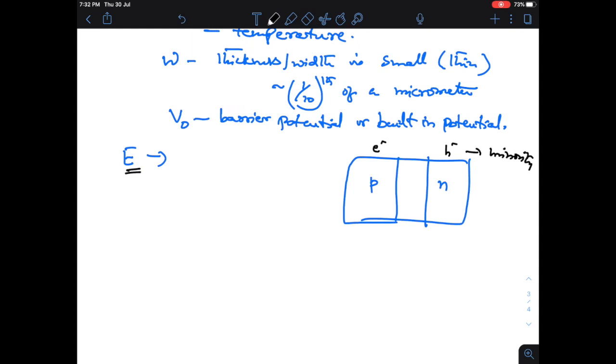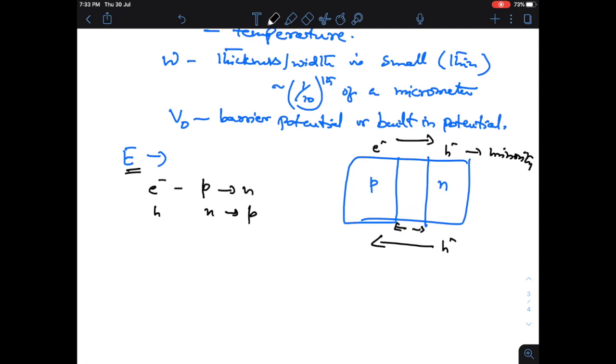Because of the electric field across this depletion region, electrons will move from p side to n side, and holes will move from n side to p side.